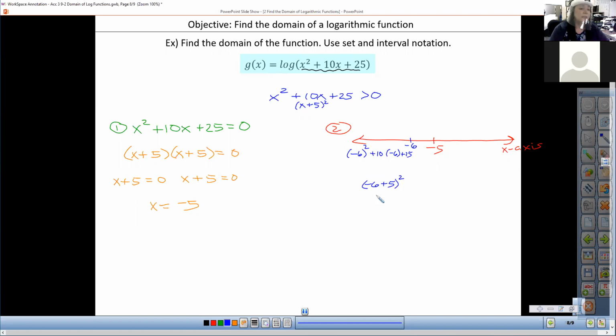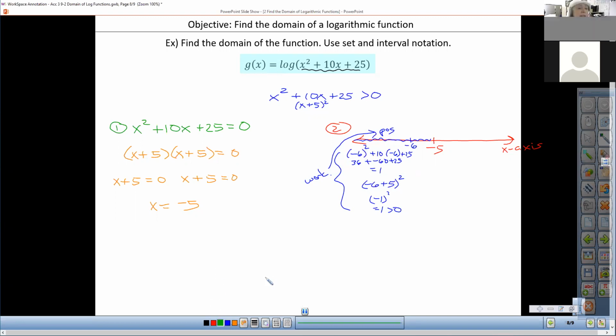Well, the second one is definitely easier if you think of that as a factored form, but they both will give the same result. This gives 36 plus -60 plus 25, and this gives -1 squared. Both of them end up giving you 1, which is a positive number. So that means this section is part of our domain. And remember, this is your work to justify the conclusion that this is part of your domain.